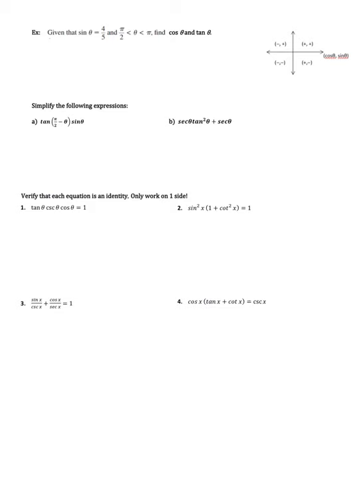Okay, so we have here, given that sine theta equals 4/5 and theta is between pi over 2 and pi. So this information right here is telling me where to draw my triangle, which quadrant. Remember, pi over 2 is like 90 degrees, pi is 180.